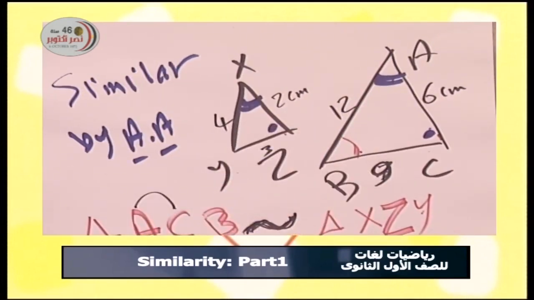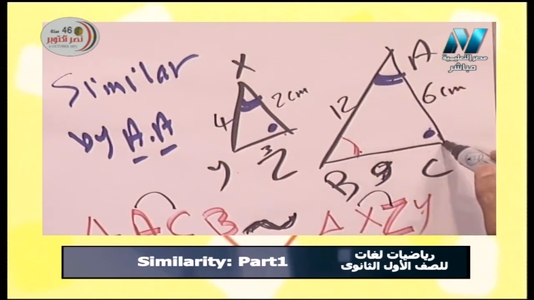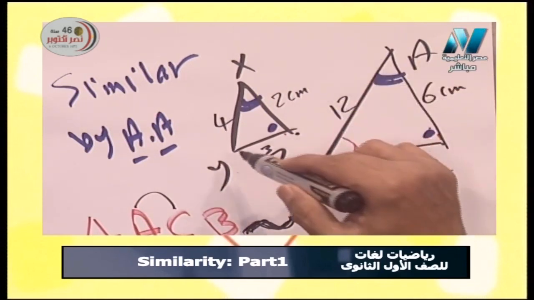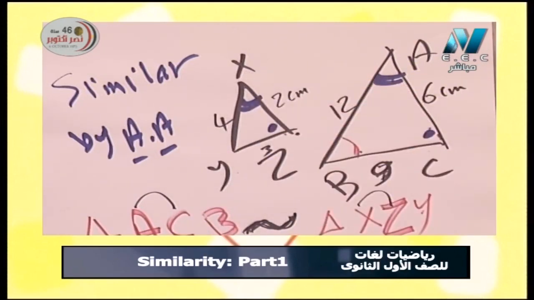If we divide AC over XZ, it will be 3, and CB over ZY will be 3 also, and BA over YX will be 3. Then they are proportional. These three sides are proportional, and this 3 we call the scale factor. And from ACB to XZY it will be an enlargement, because 3 is greater than 1.